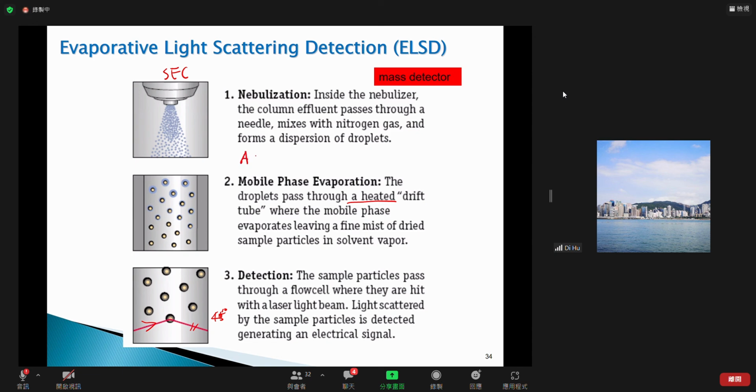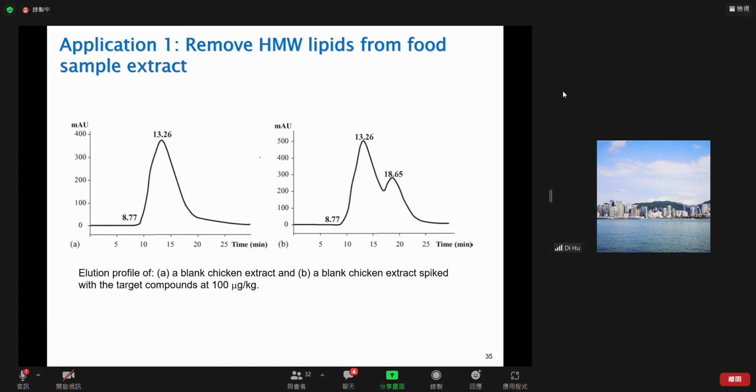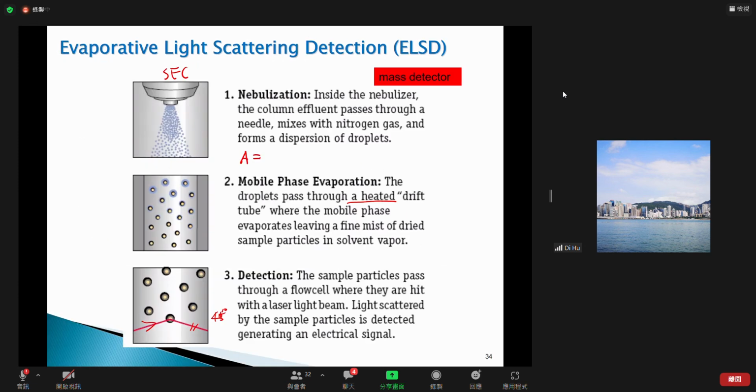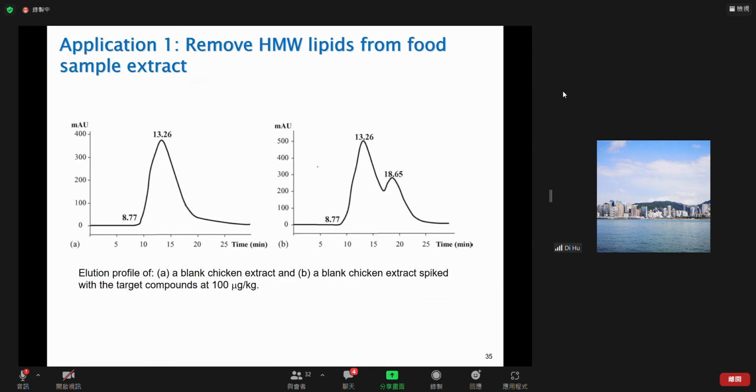The signal response means the amount of light scattered. It's related to the mass by a certain relationship: A equals b times m to the power x. A is the peak area you get from the ELSD, and m is the analyte mass. How about b and x?